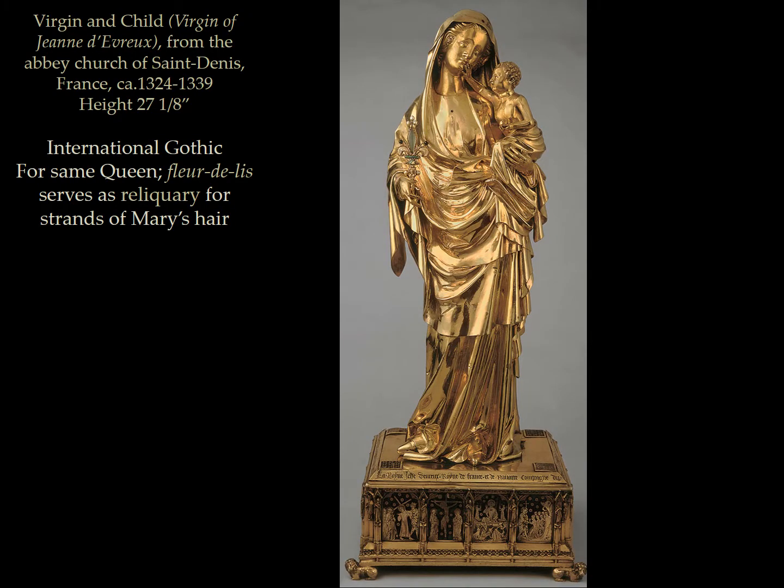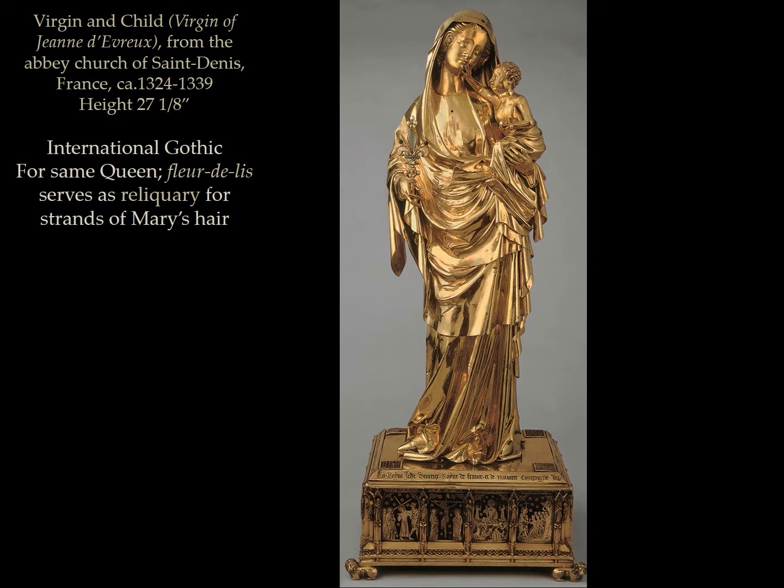Jean Devreux also, along with having Jean Pucelle decorate a Book of Hours for her, also patronized a wonderful reliquary for herself that she dedicated and gave to the Church of Saint-Denis, the burial place for the French monarchs.